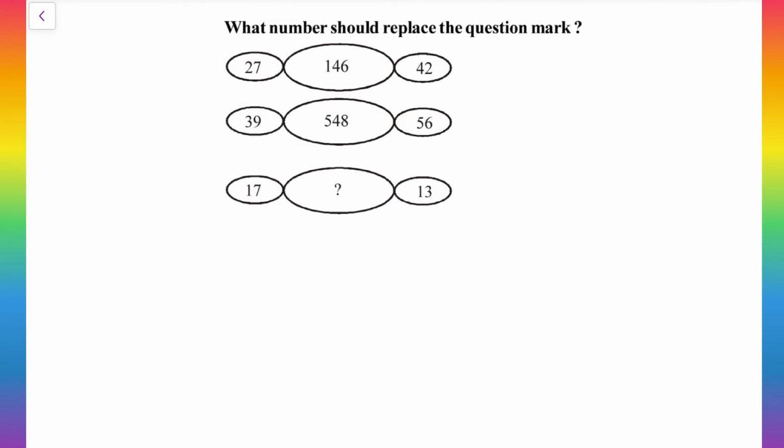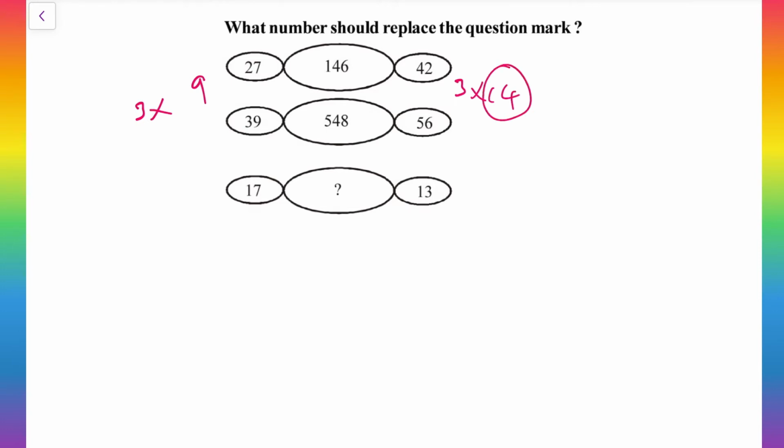Next, let us go with one more logic. 27 is 3 cube, but 42 is not anything. Next, will they both come in any table? Yes, 27 comes in the 3 table, 3 9s are 27, and 42 comes in 3 14s are 42.